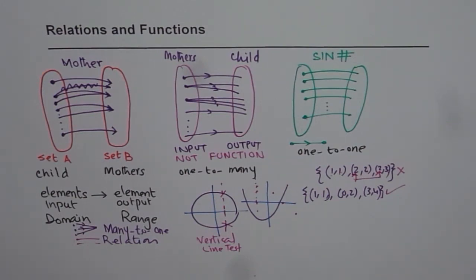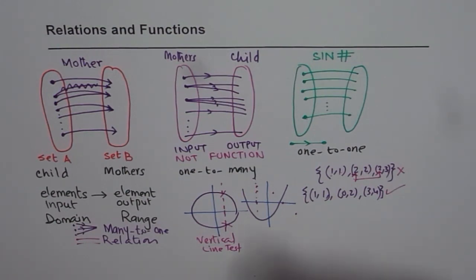Therefore that is not a function. So what we discussed in this video is that all those relations are functions where each and every element in the input is associated with only one element in the output. In a relation, you should remember that each and every element in the input can be associated with one or more, right?